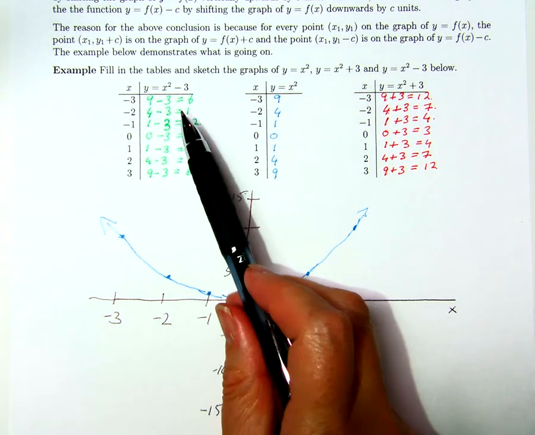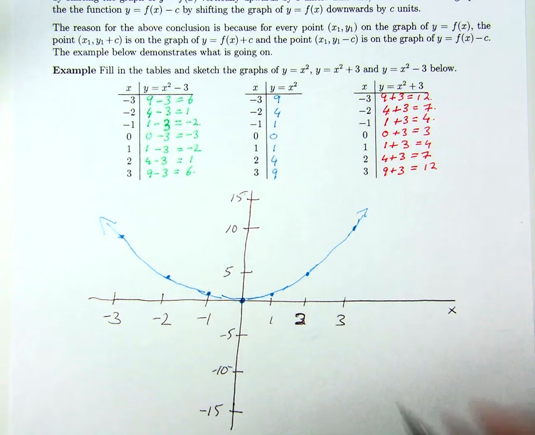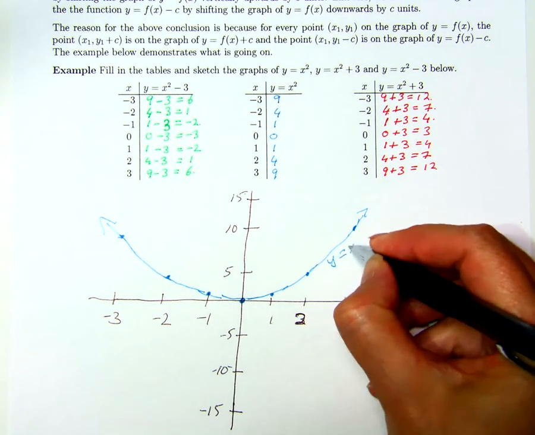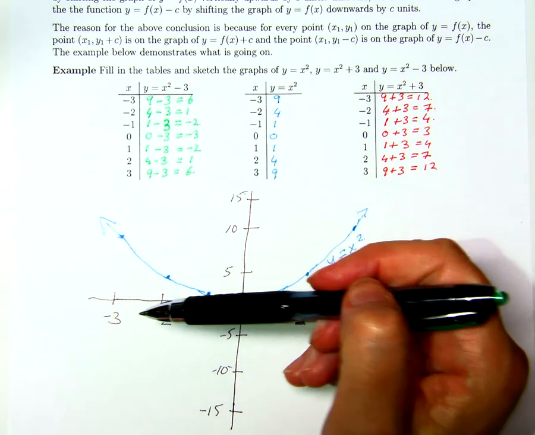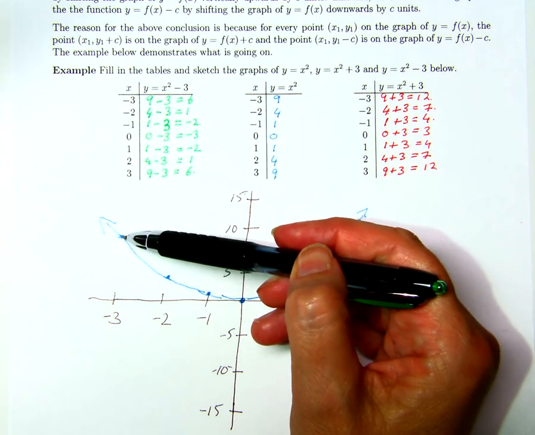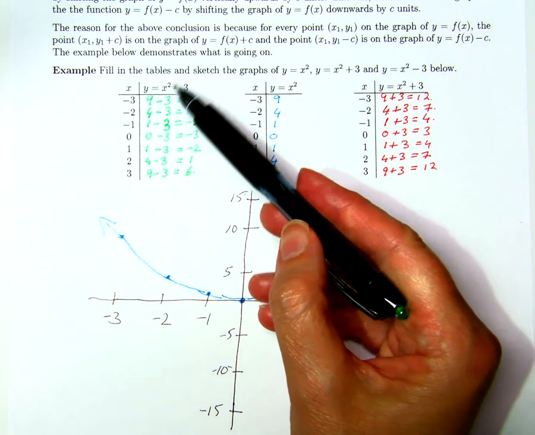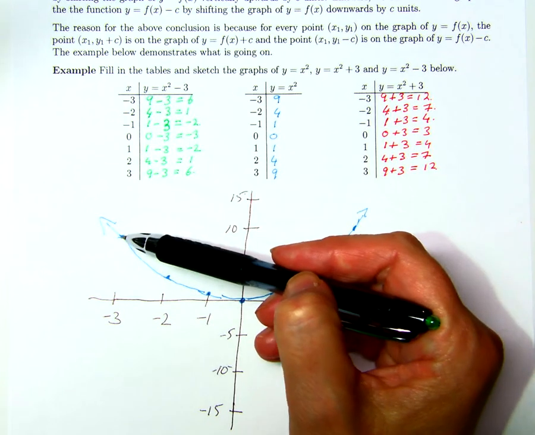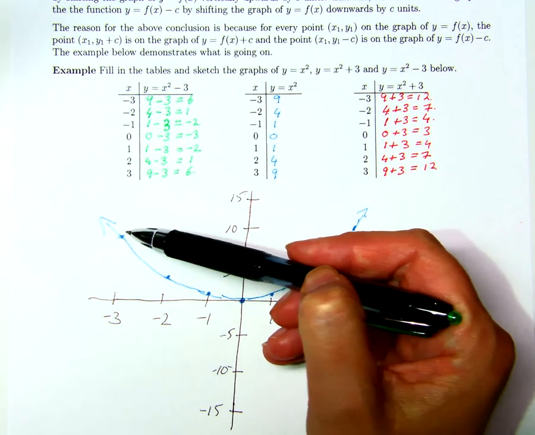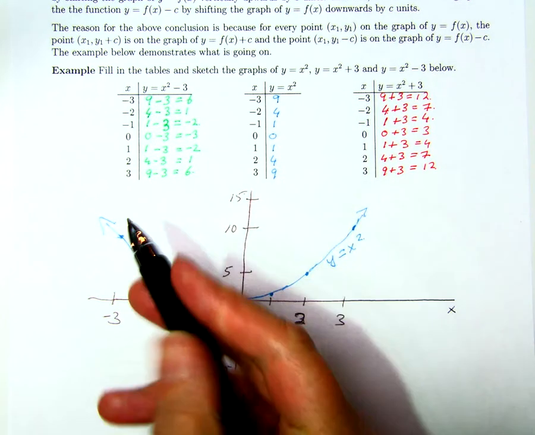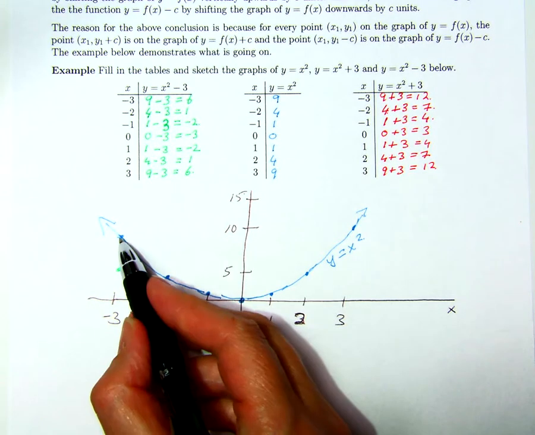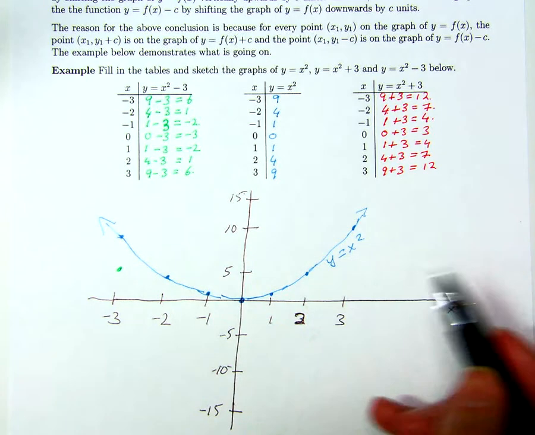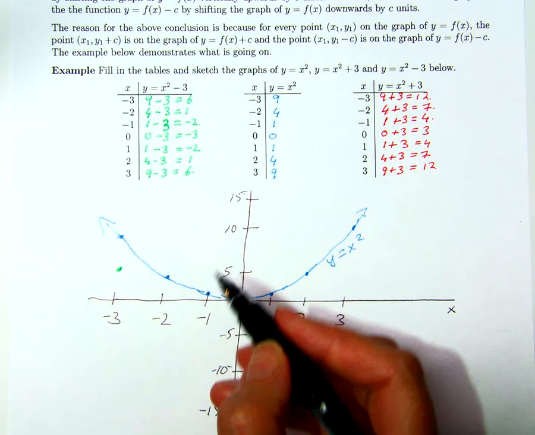Now for x squared - 3, so this one is y equals x squared. X squared - 3, when I take x equal -3, I get x squared - 3 is 6, which is the y value in this graph, minus 3 points. So it's exactly 3 points below the point on the graph of y equals x squared.